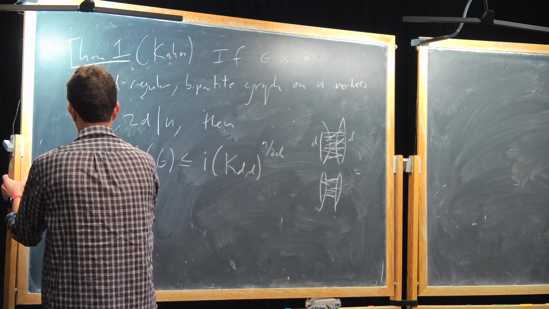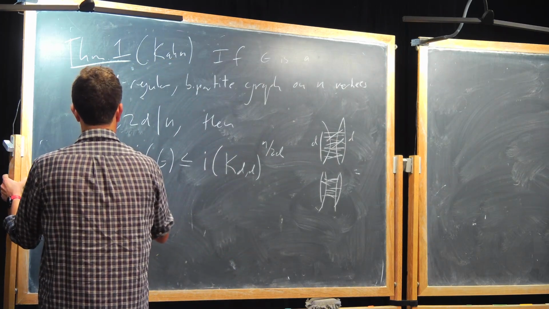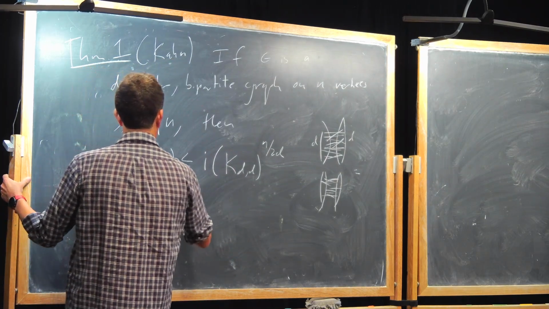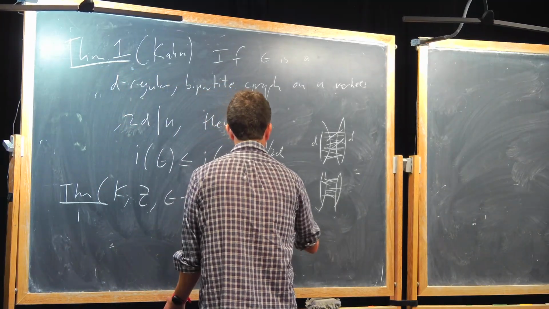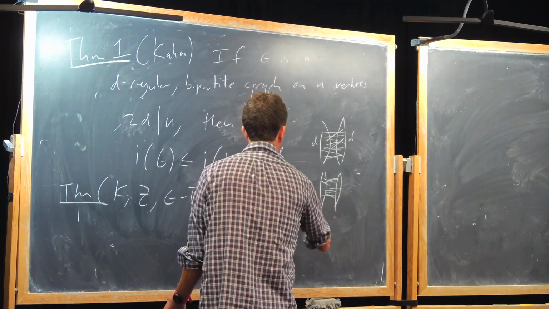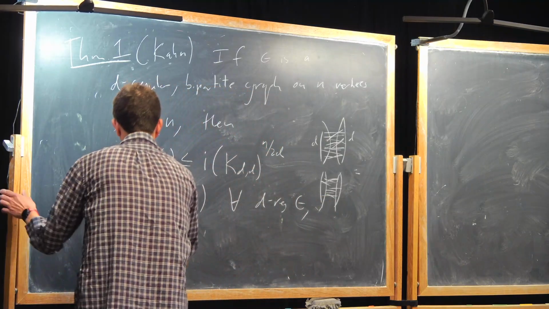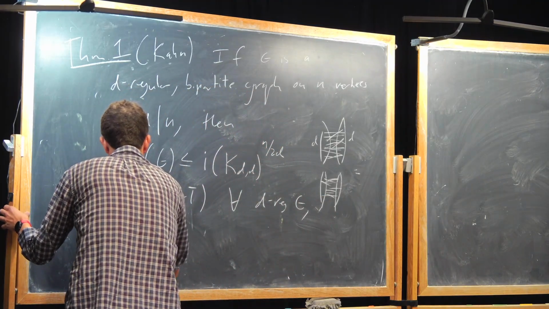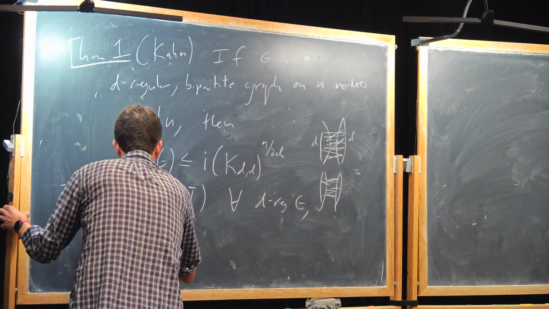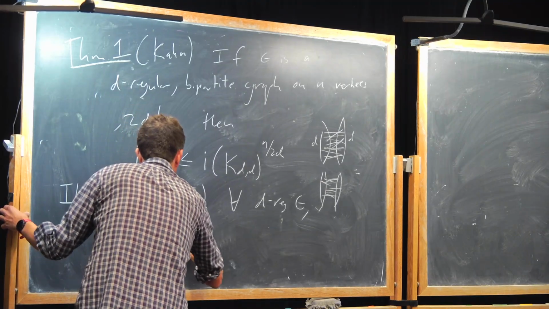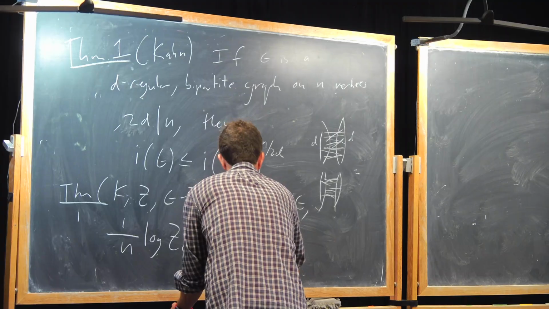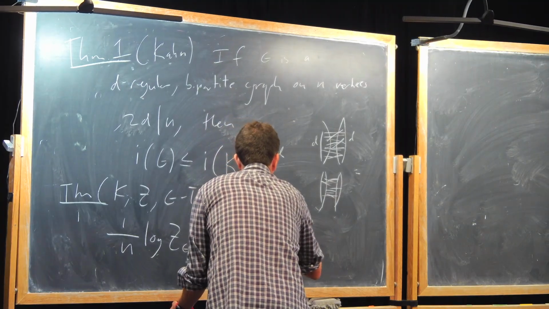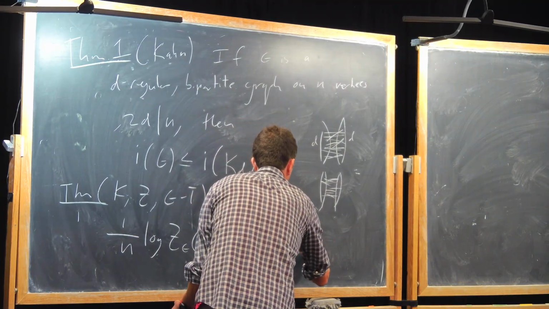And so the more general theorem by Kahn and then Zhao and Galvin and Tetali is for all D-regular G on n vertices, 1 over n log of the hardcore partition function is at most 1 over 2D log of the same for K_{D,D}.